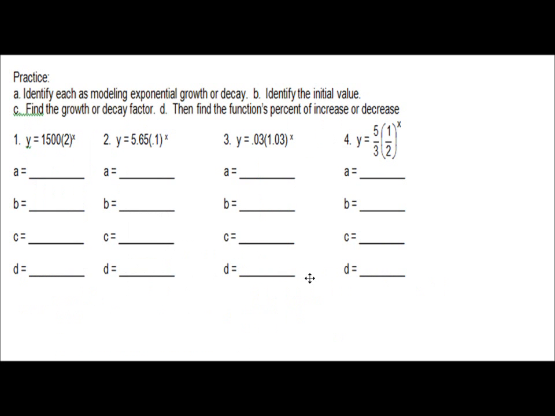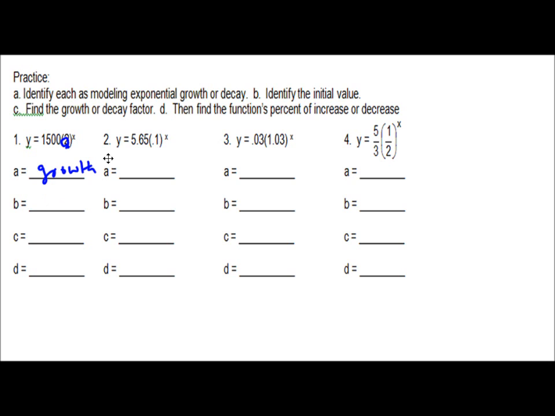Let's look at this practice. This is a good practice. Look at A, identify each as modeling exponential growth or decay. So in this particular question, 1500 times 2 to the x is a growth, because look at the growth factor. It is 2. The 2 is positive, more than 1, so it's a growth.